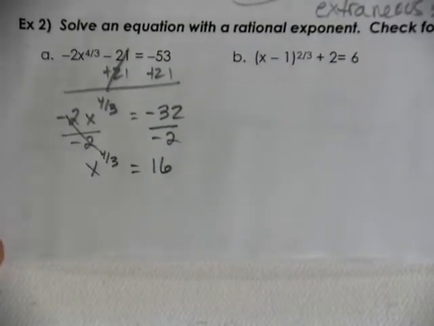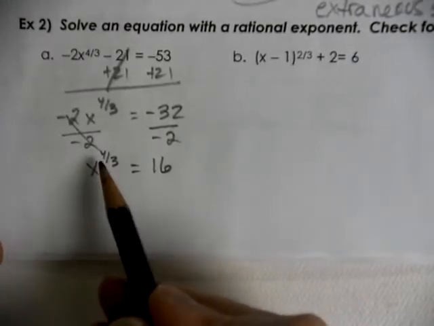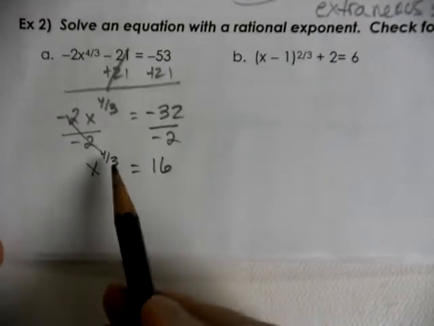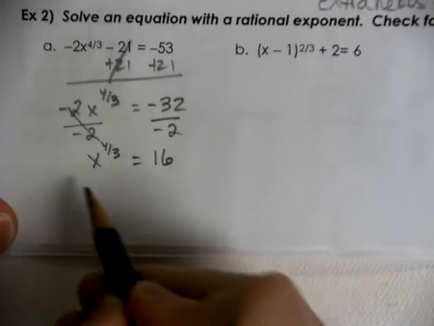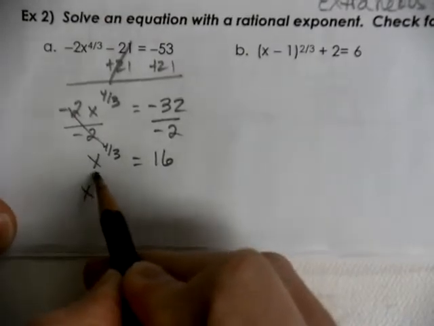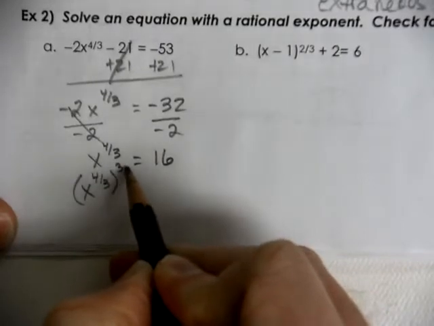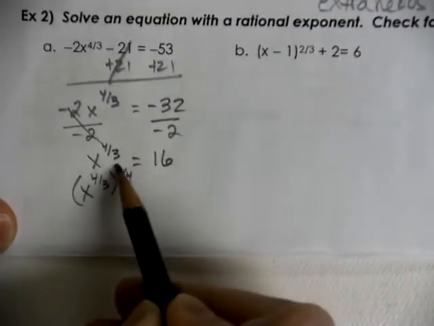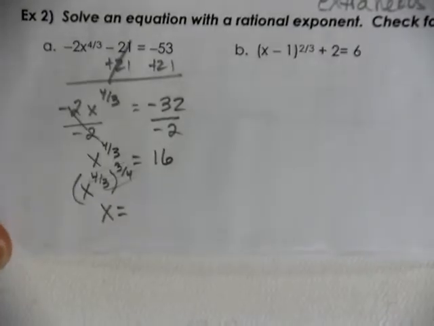Now, we have a tendency to want to write this using radicals, the cubed root to the 4th power. I would suggest to keep it as a fractional exponent because we're going to take the 4/3 and we're going to raise it to the power of 3/4 because that gives us 12 over 12, which is a value of 1.